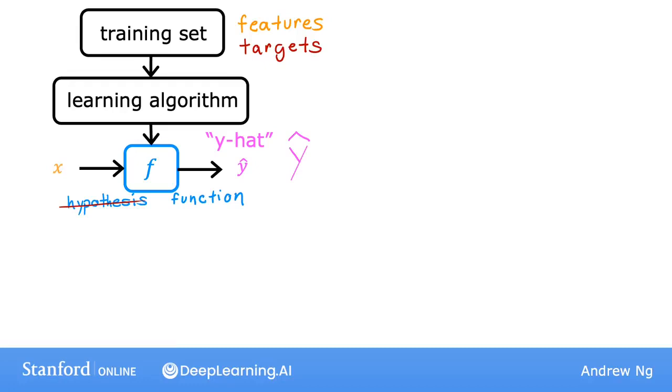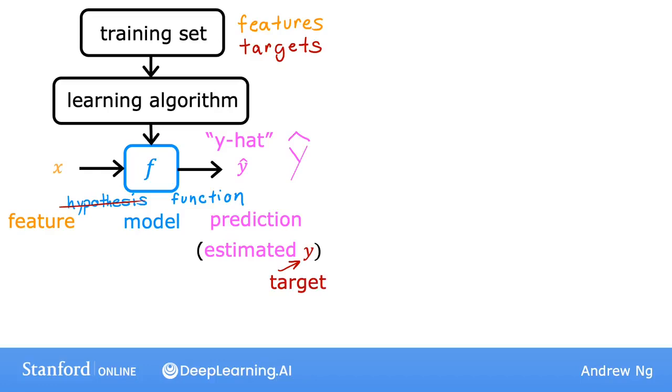The function f is called the model. x is called the input or the input feature, and the output of the model is the prediction y hat. The model's prediction is the estimated value of y. When the symbol is just the letter y, that refers to the target, which is the actual true value in the training set.